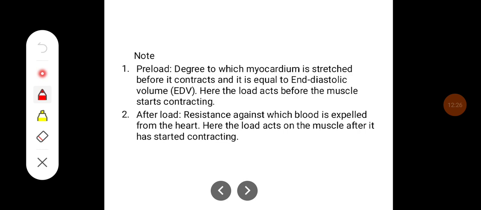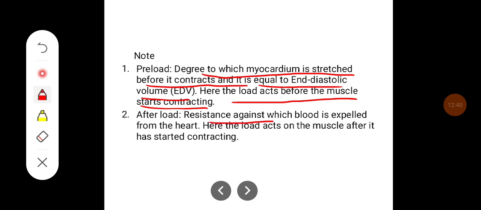Note that the preload is the degree to which myocardium is stretched before it contracts, and is equal to end diastolic volume. Here the load acts before the muscle starts contracting. Afterload is nothing but the resistance against which the blood is expelled from the heart.